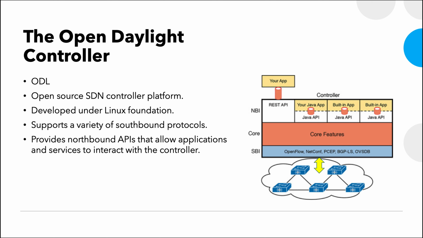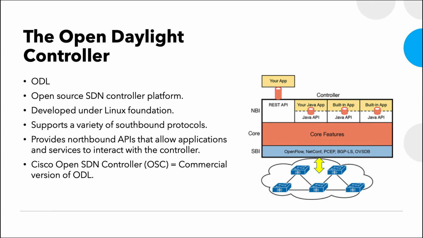REST API is used when your application is on a different server, and the Java API is used when the application is on the same server on which the controller is hosted. Cisco also offered a commercial version of Open Daylight Controller, which was called Cisco Open SDN Controller or OSC. But unfortunately, Cisco no longer produces and sells the Cisco OSC.